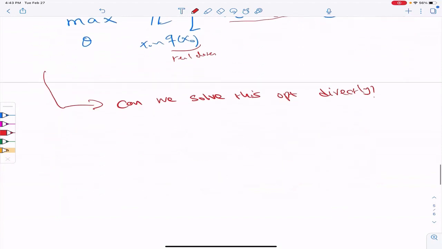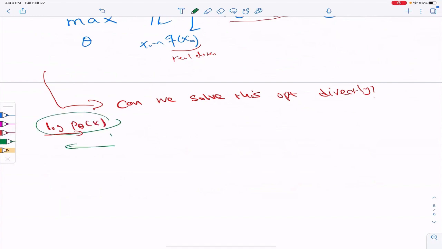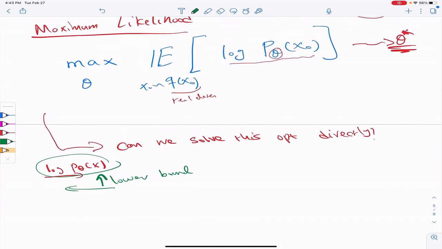A variational lower bound is a lower bound on the likelihood function. So let's say your likelihood is here, log p theta of x. We can't optimize this, but if I find the lower bound on the likelihood function, I maximize this lower bound as much as I can, then maybe the theta I'm going to find is a good solution. So you can check it. We are again in the same situation that we were using VAEs.